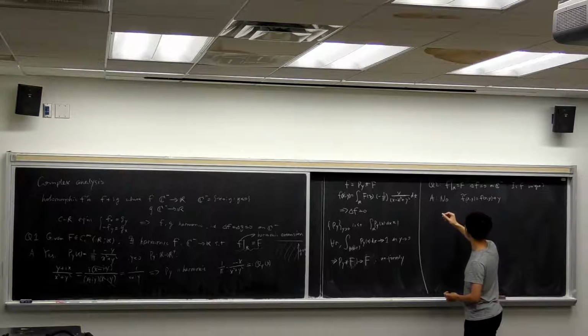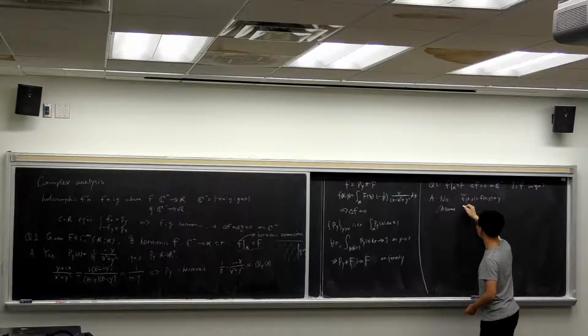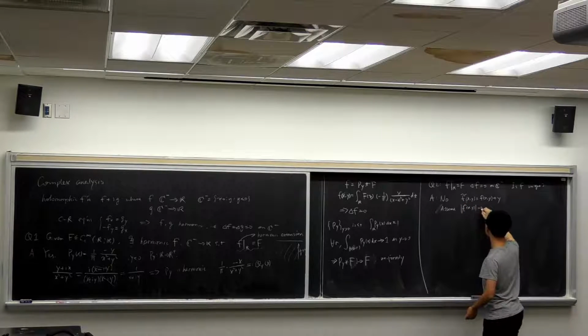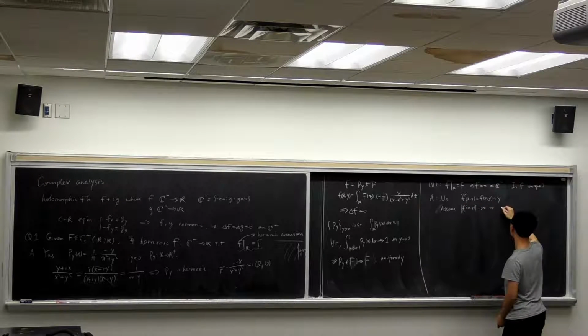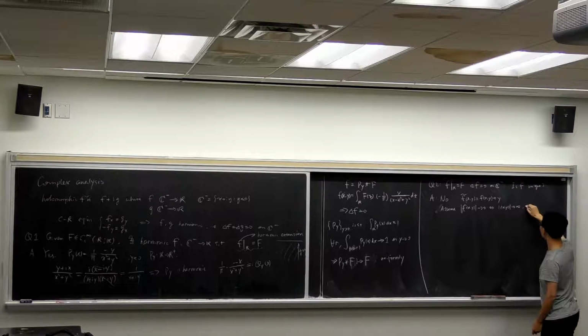The assumption we're going to make is: assume f(x,y) goes to 0 as (x,y) goes to infinity. Then f is unique.